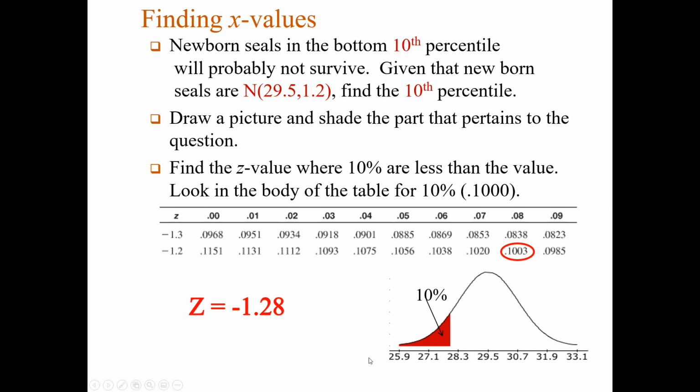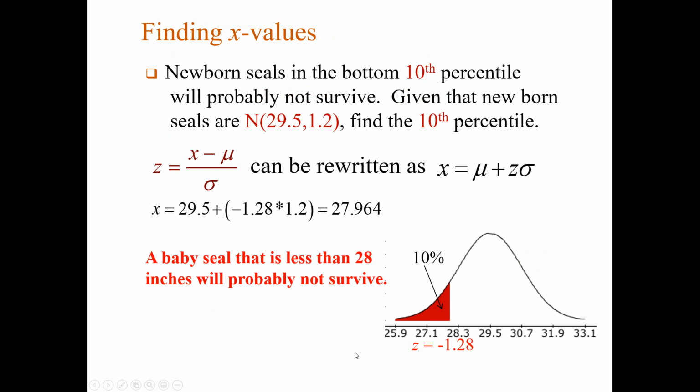This is just the seal pup distribution. This isn't standardized, so these are just all the potential observations you could see. Newborn seals in the bottom 10th percentile will probably not survive, and they have this distribution.